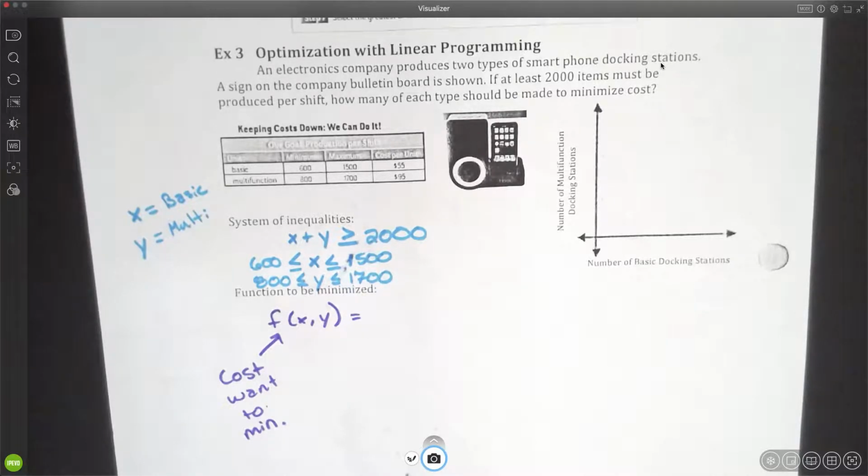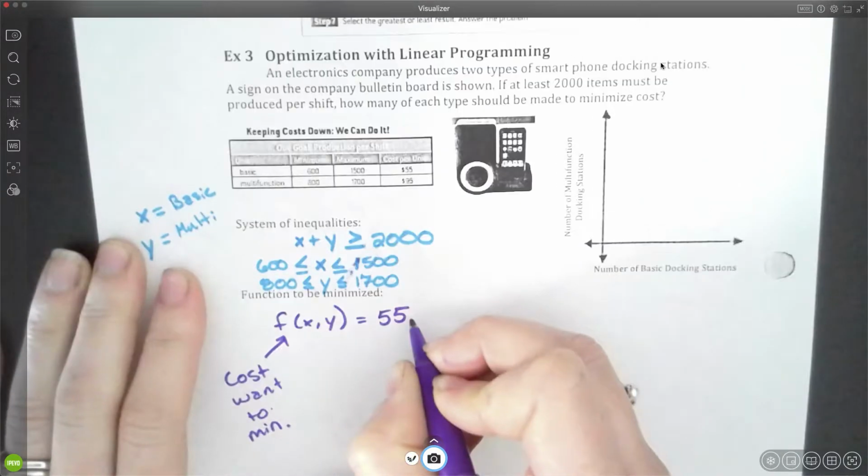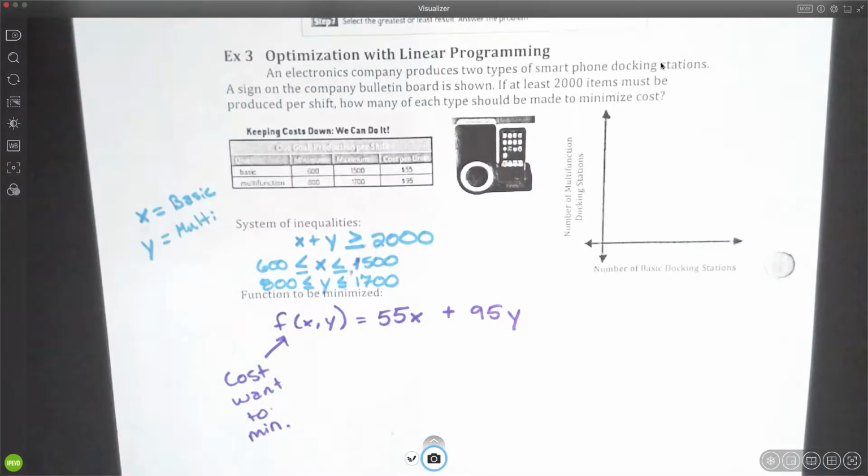What will the equation look like in relationship to X and Y? X would be 55. Y would be 95. Yes, so it's 55 times X plus 95 times Y. If I produce one of each, I would put one in for X and one in for Y. That would help me determine how much my cost has to be.